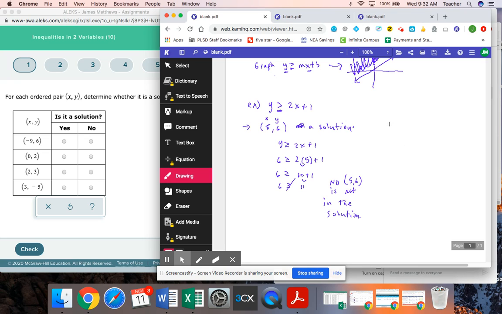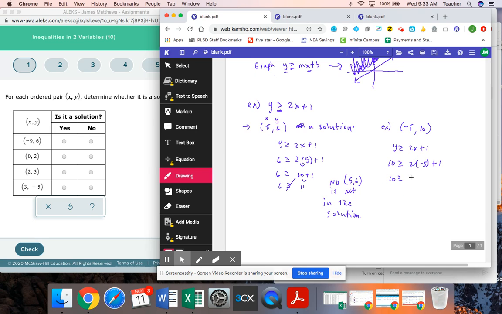Let me try another one. What about, and I'm going to choose something different, 2x plus 1, let's just call it (-5, 10). Just choosing numbers here. So again, let y be greater than or equal to 2x plus 1. That means my y is 10. 2 times negative 5 plus 1.